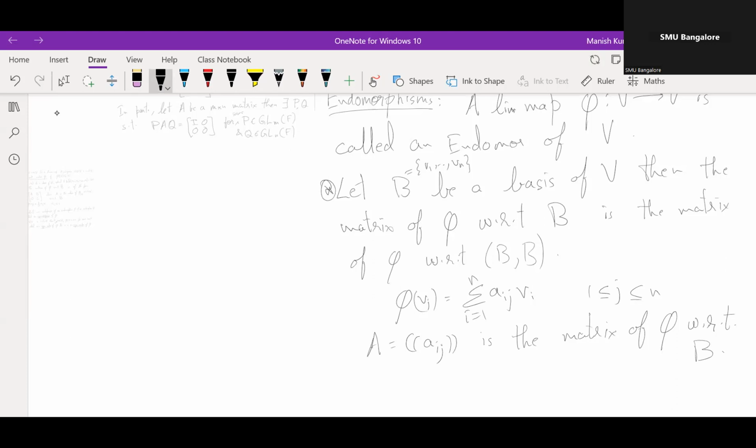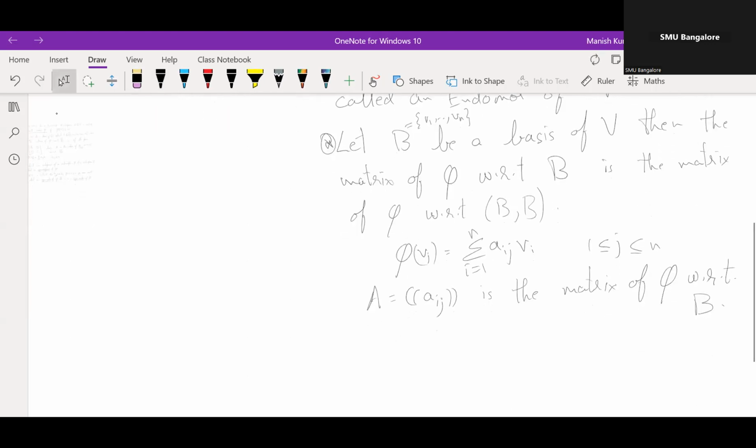And again, one can do this change of basis matrix formula. If you change the basis, the matrix will change. So maybe you can tell me what the answer was.